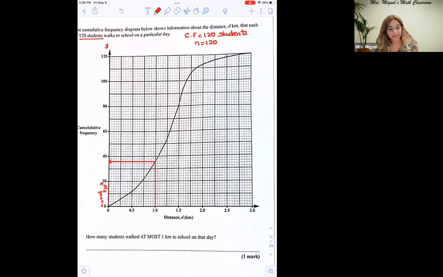We will do it in a minute. So we want to know how many students walked at most 1 kilometer. So we find 1 kilometer on this graph and we read off the corresponding cumulative frequency value. Remember that every tiny block represents 2 persons.